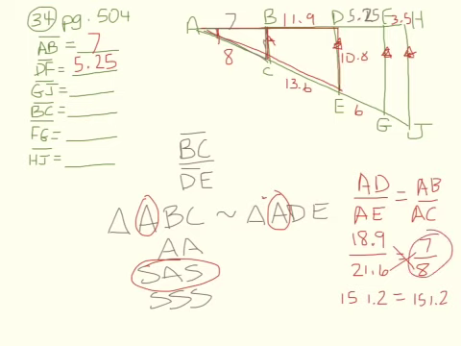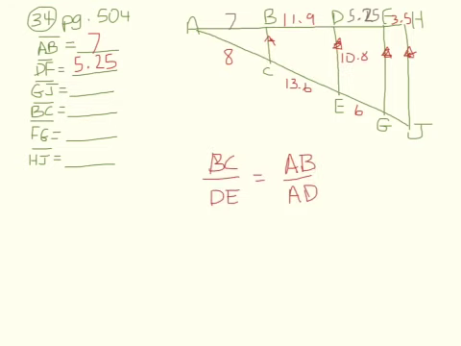Now I can already tell what the scale factor is. It's 7 over 8. But I'm just going to go ahead and set up my proportion. So I'll just go ahead and use AB over AC, and I'll fill in my missing information and find BC. Actually, my scale factor I don't think is 7 over 8. I was using the same smaller triangle each time.